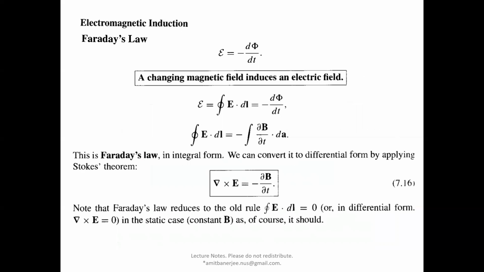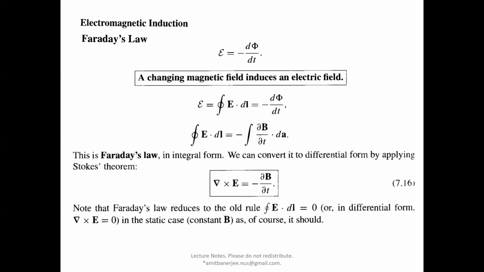Now we'll deal with electromagnetic induction here and Faraday's law. We have already discussed much of it in the last chapter in detail. So I'll go briefly on this one and try to focus on something more advanced.